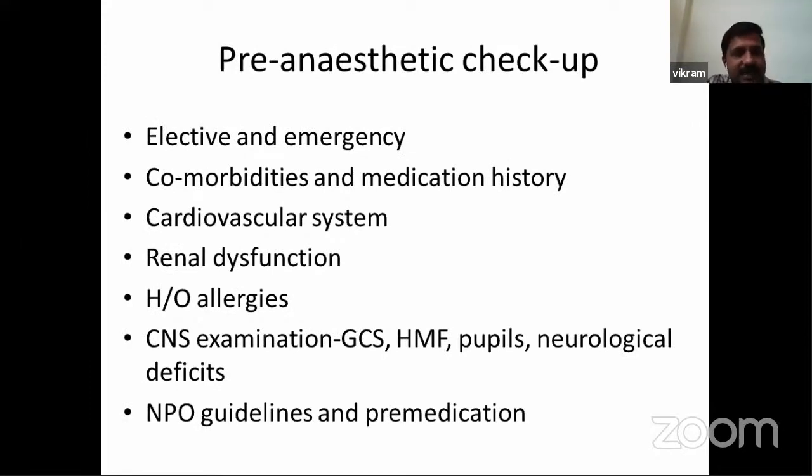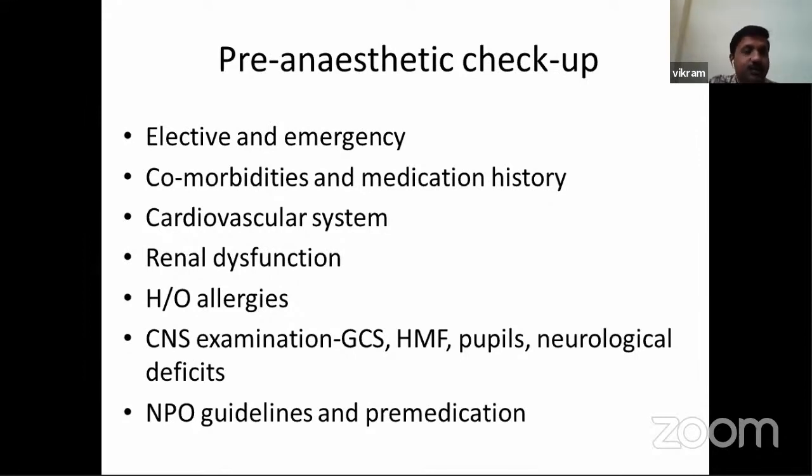Whenever there is time for elective cases, the patient should be evaluated properly, looking into the comorbidities and the medication history. Special emphasis should be given to the cardiovascular system, because there can be a lot of hemodynamic fluctuations during the procedures, and patients with renal dysfunction are at high risk of developing contrast-induced nephropathy.